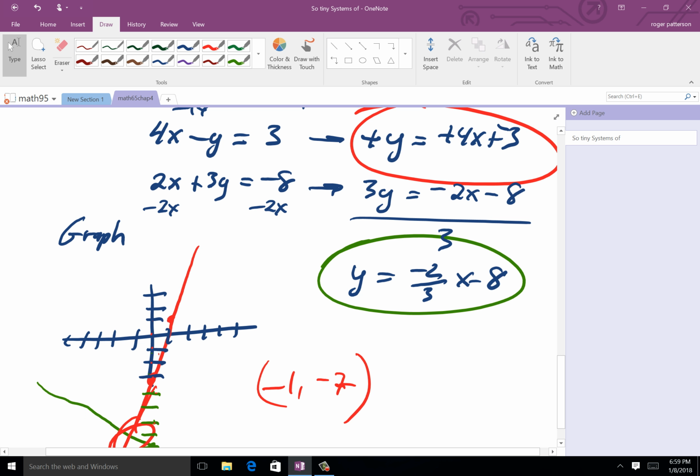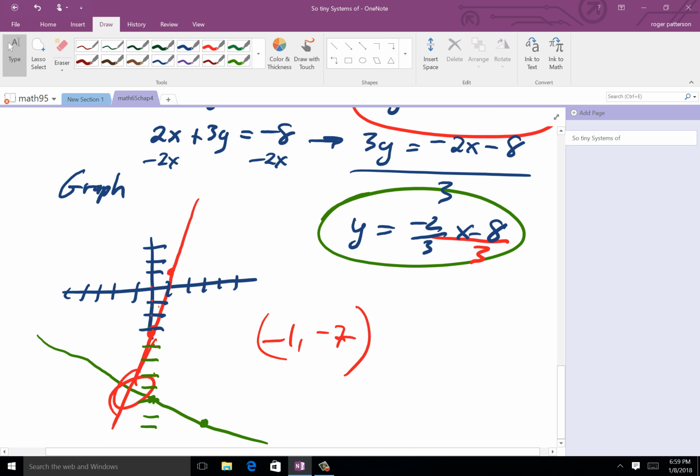Here it is. This is supposed to also be divided by 3. The 8 was. Oh, that was bad. So let's change that. Rats.